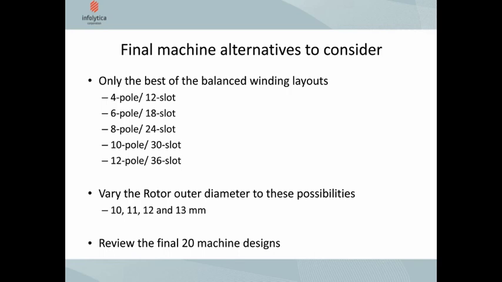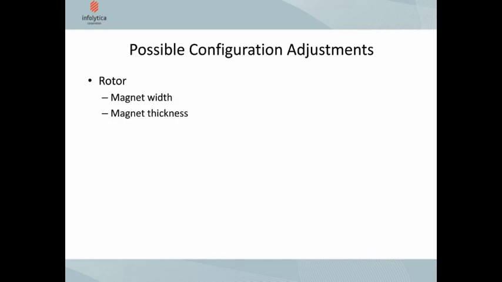So we're going to look at a variety of different responses based on how we configure the following parameters for the rotor. You see here that we're going to modify and change the width of the magnet and the thickness of the magnet. Here would be my thickness. Here would be my width.